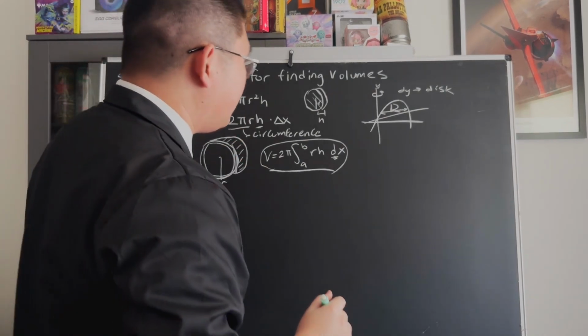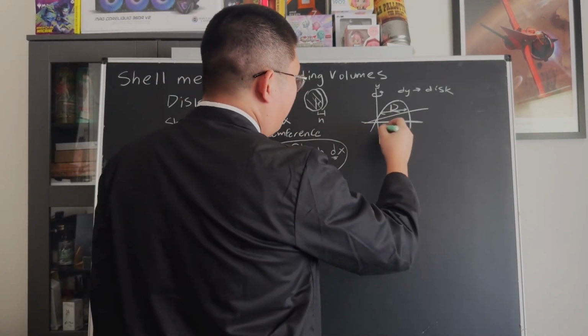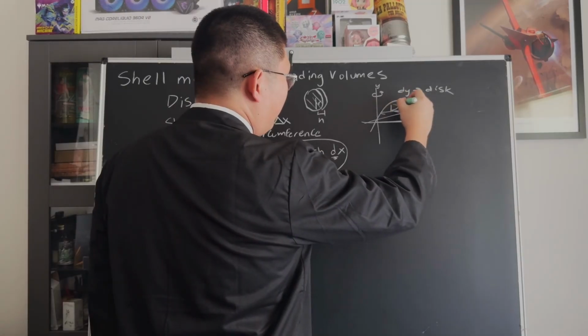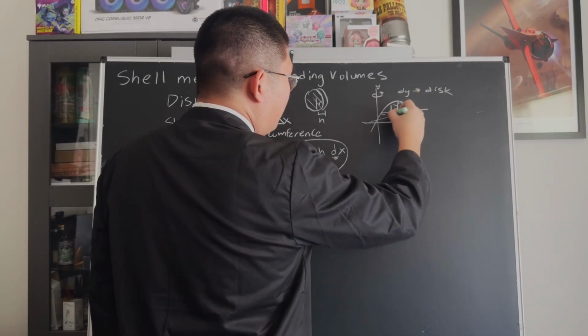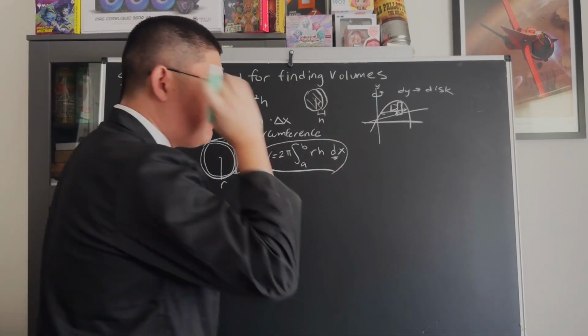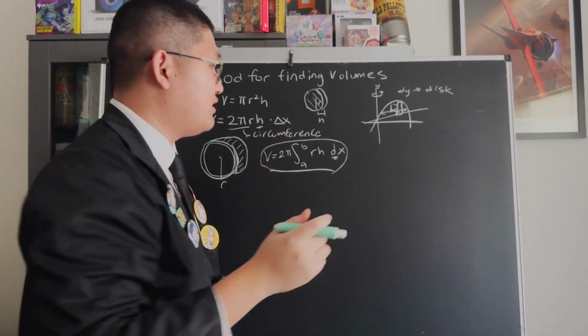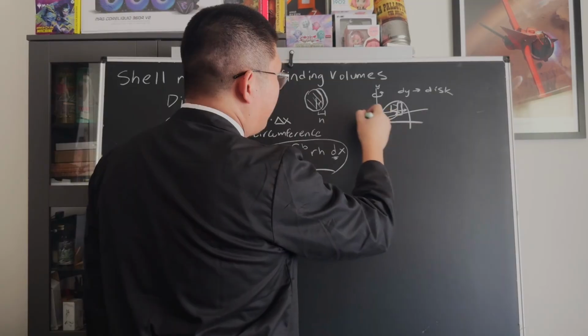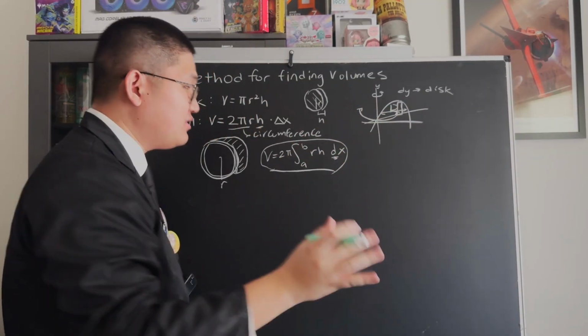That will not be the case for shell. In any case, though, the way the shell is going to work is that you are still going to take the actual segments, this time going vertically because we're matching it parallel to the axis of rotation, that when it is rotated about, we can make those shells, as you can see, right?